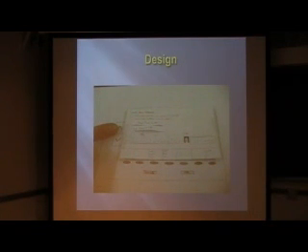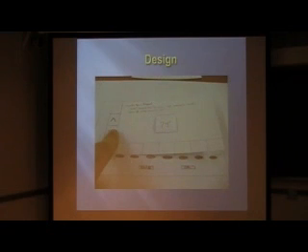So we kept that, and we used our prototype to capture data, and after testing we ran into a lot of problems with the paper prototype, so we created an electronic version.